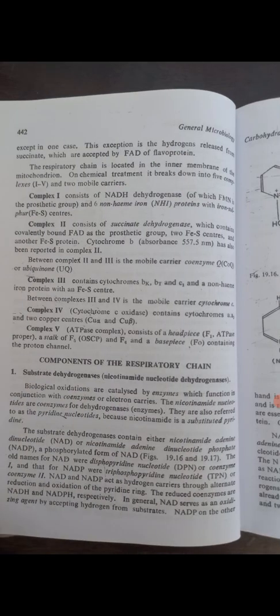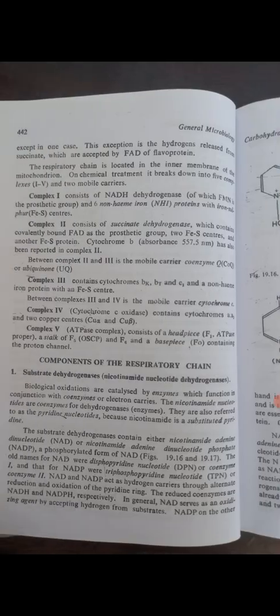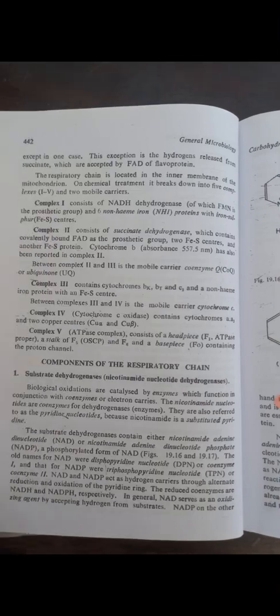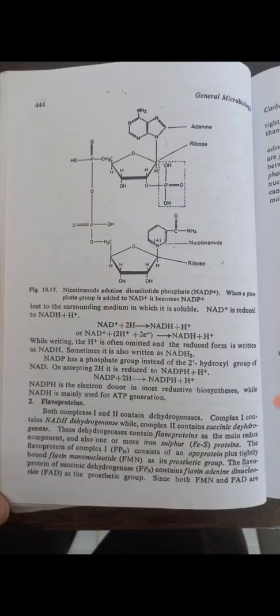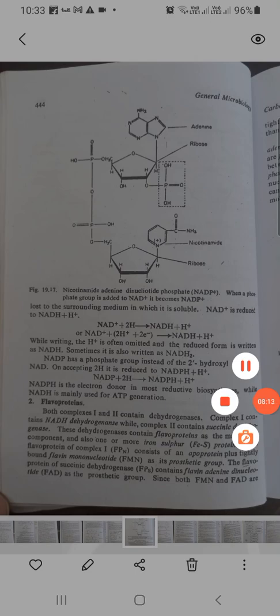Here important is NAD, NADH2 formation, and FAD, FADH2 formation, nicotinamide adenine dinucleotide and flavin adenine dinucleotide. These two molecules are important. Of these, the abundant one is NAD, that is nicotinamide adenine dinucleotide. Now, this is the ATP generation in the respiratory electron transport system.